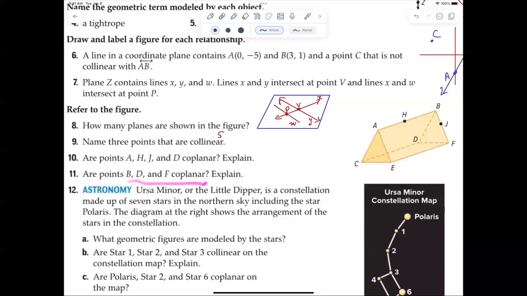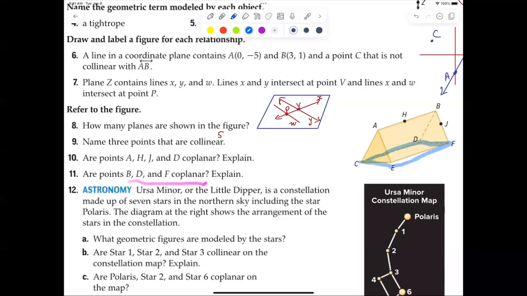Is CDFE coplanar? Yes. C, D, F, E. Are those coplanar? Yeah. 3 points determine a plane. Can more than 3 points be in a plane? Yes. An infinite number of points are in a plane. You just have to look at the plane and see if it's in there or not.